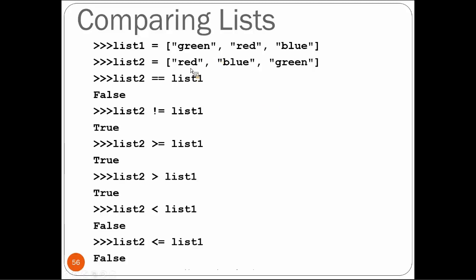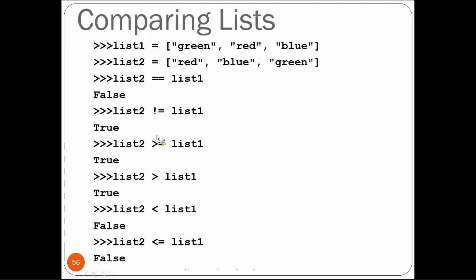So it compares green with red, it compares red with blue, it compares blue with green. It stops at the first two that are not equal. So basically list 1 is different than list 2 because green is different than red. So if we're asking if they are equal, the answer is false. If we are asking if they are different, the answer is true.